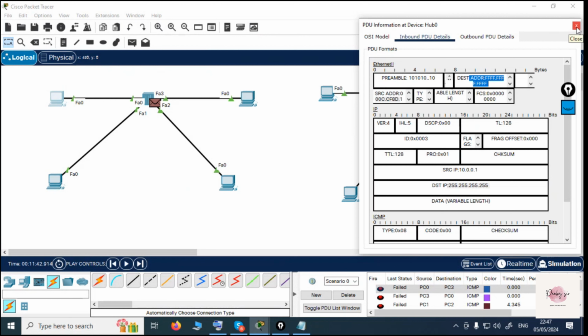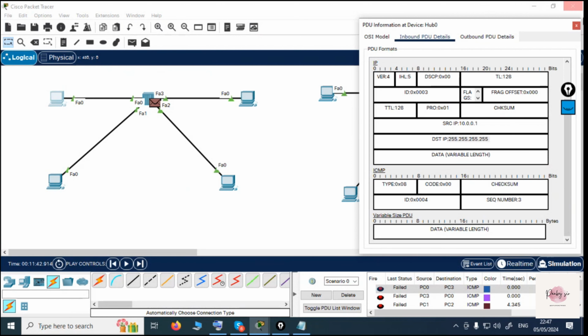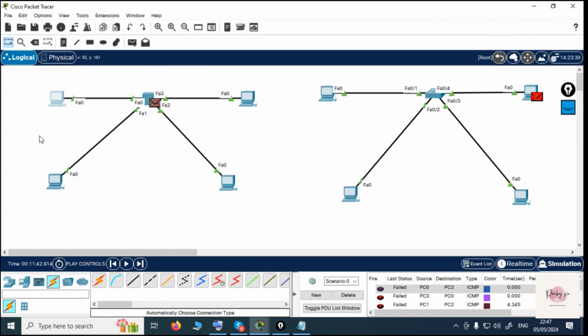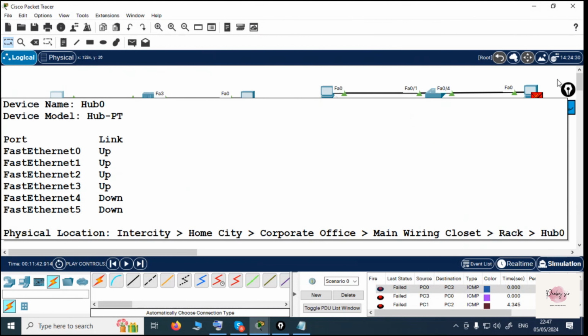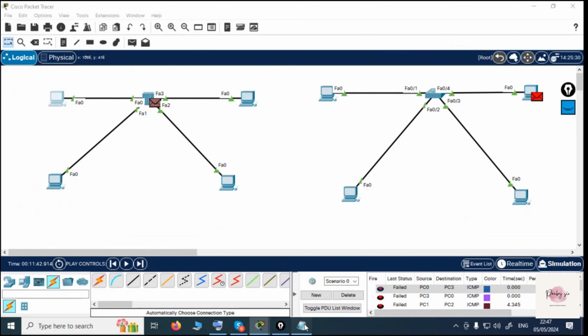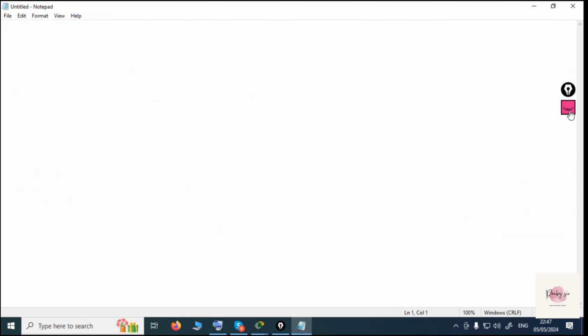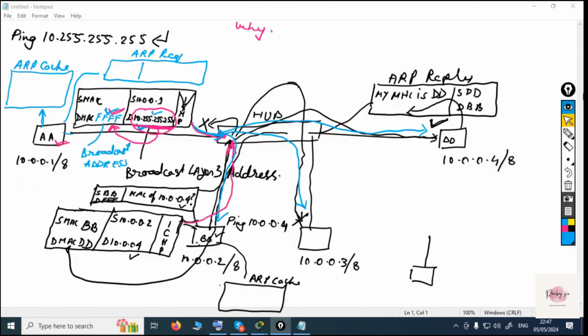Is the point making sense? And it released this data. Now let's come back. What will happen? This hub cannot read either the MAC address or the IP address.